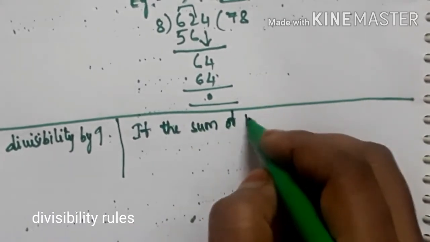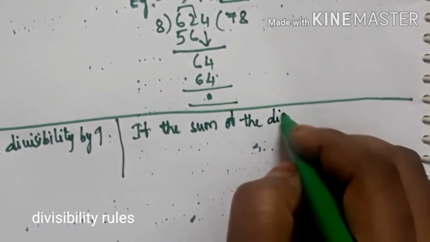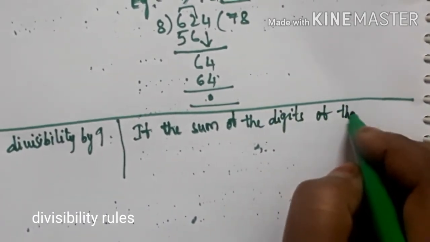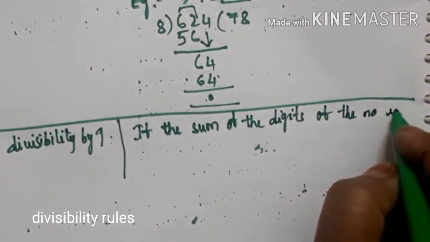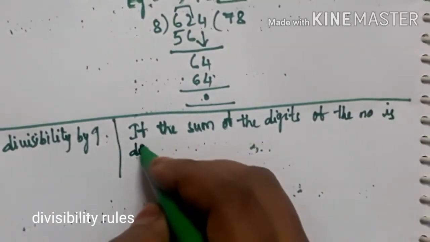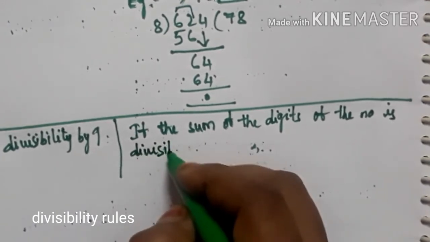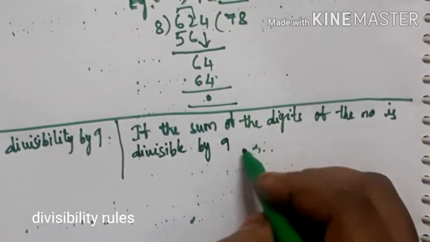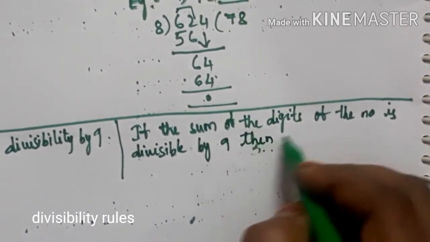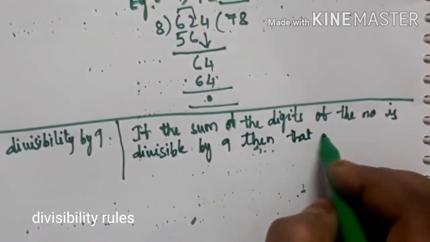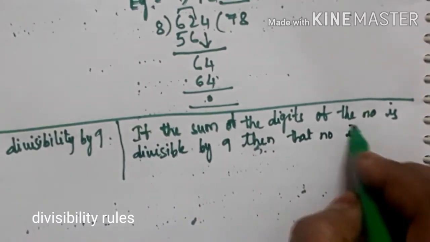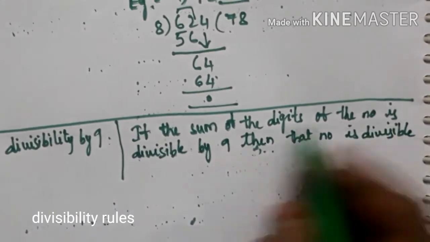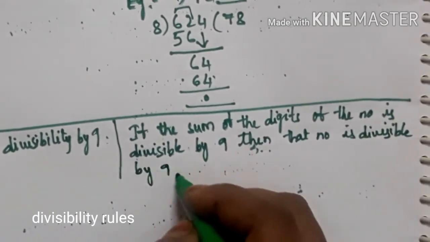If the sum of digits of the number is divisible by 9, then that number is divisible by 9. You need to add the digits and you have to check whether it is a multiple of 9 or not.